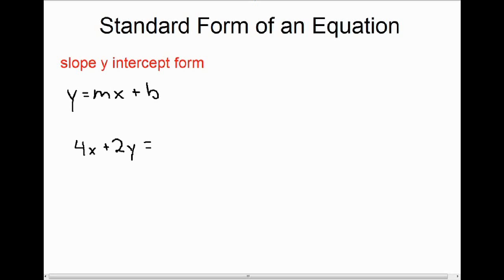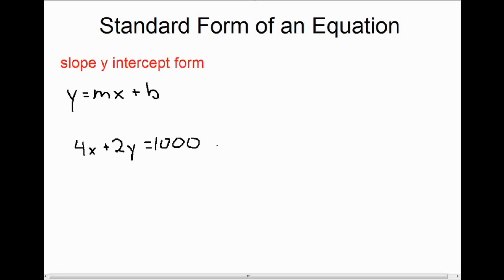So that is a linear relation. There's two variables there. There's no exponents other than one, no variables in the denominators, and the variables aren't being multiplied together. So that is a linear relation. It's not written as y equals mx plus b, though, and we talked about how to write that as y equals mx plus b so that we could see what the slope and the y-intercept are.